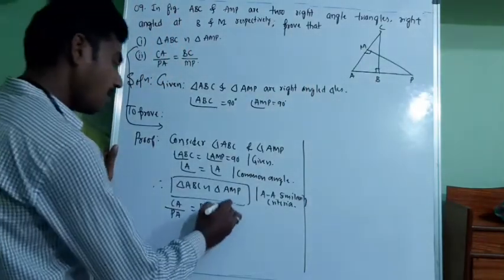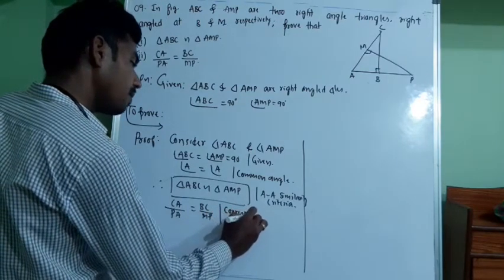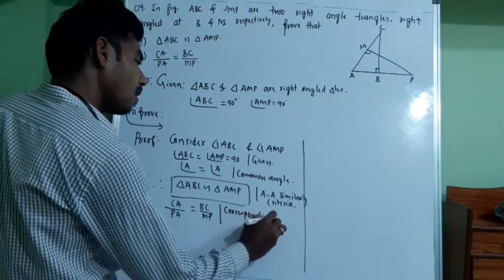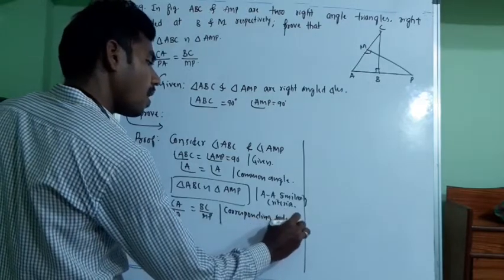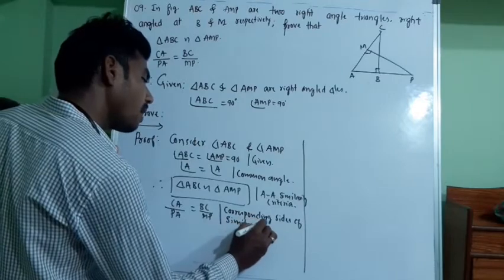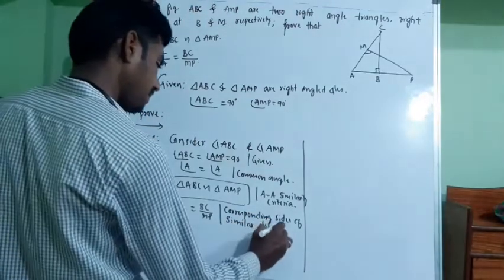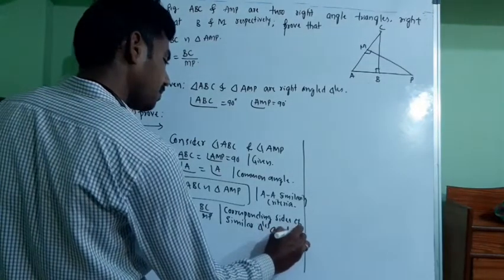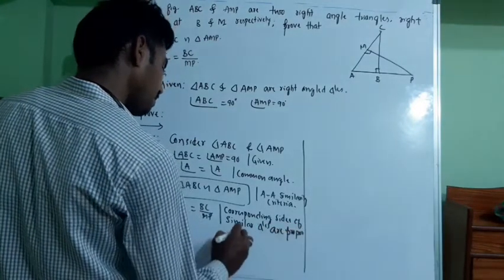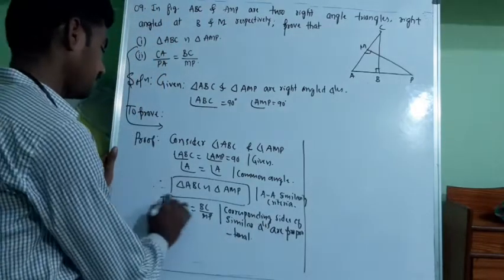See why it is? Because corresponding sides of similar triangles are proportional. So please note this down.